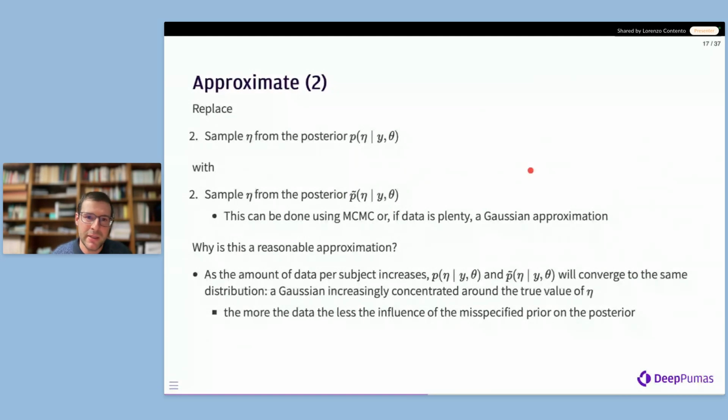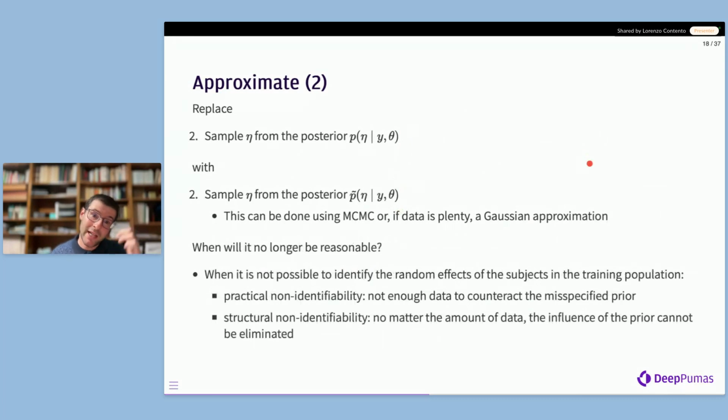And essentially, the posterior will converge to a Gaussian increasingly concentrated on the true value of the random effect. So if we have enough data per subject, as is usually the case in the training population, then these two ways of sampling step 2 will be essentially indistinguishable.